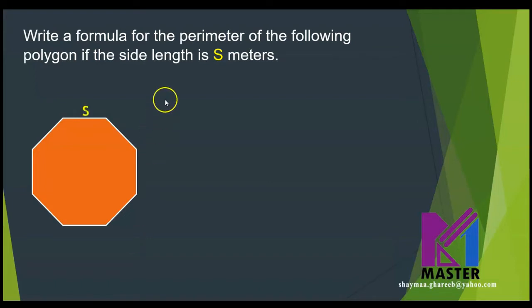And the side equals S. So if each side equals S, then the perimeter will be adding all the sides, S plus S plus S plus S, 8 times as you can see. Or I can write it as 8 times S, which is 8S.